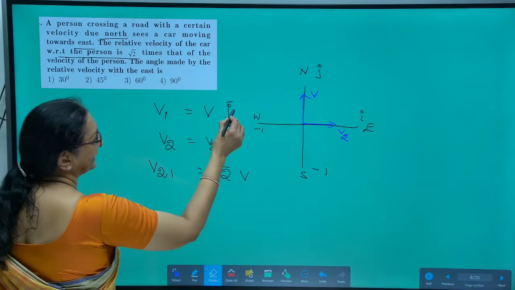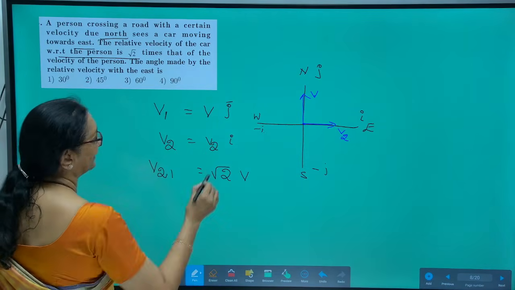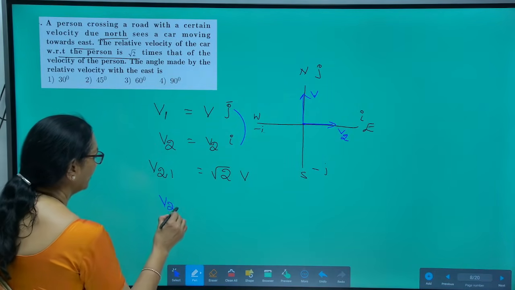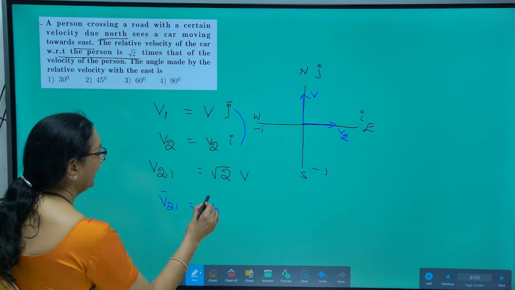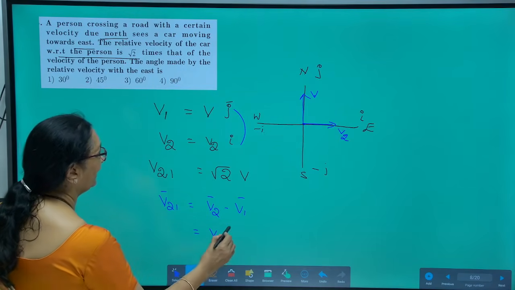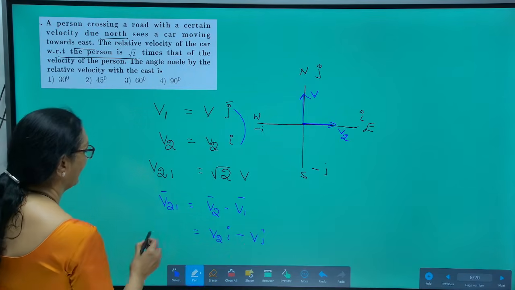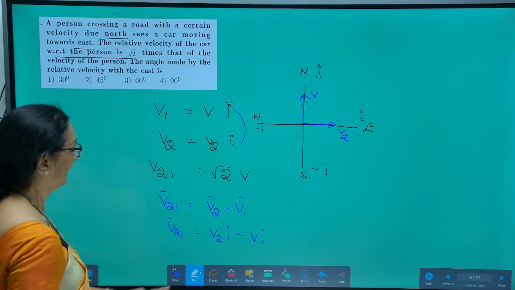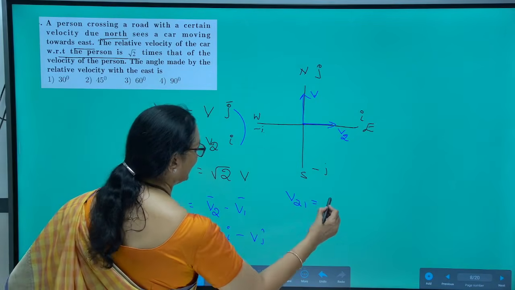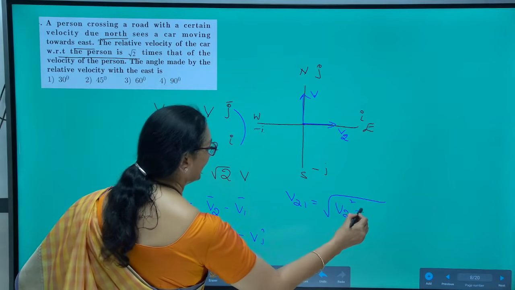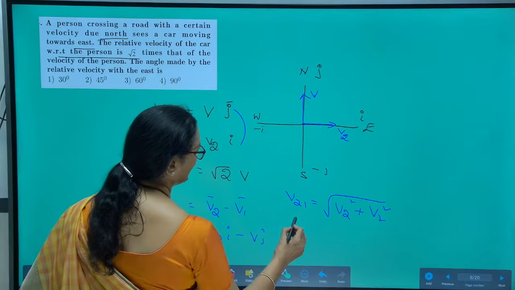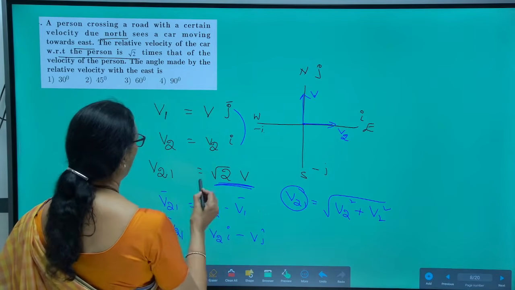So, simply we can say these two are at right angles, J and I. Actually V21 bar is equal to V2 bar minus V1 bar, that is V2 I bar minus V j bar. So, the magnitude of V21 is root of V2 square plus V square, because the angle between them is 90. From the given data it is root 2 V.